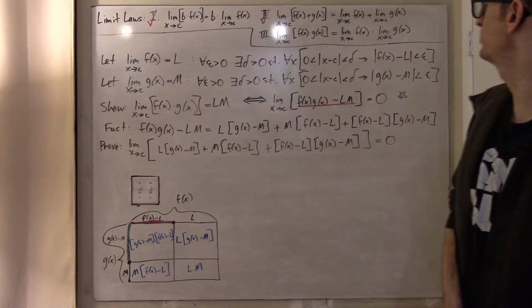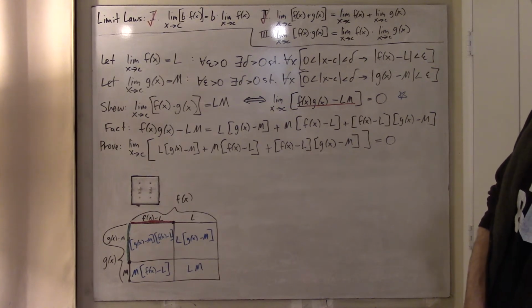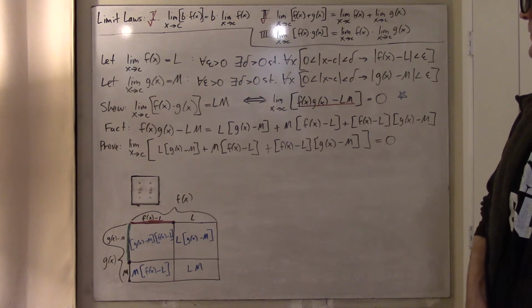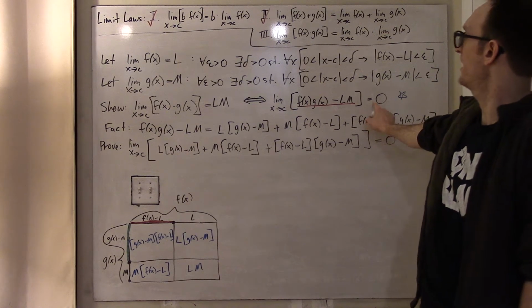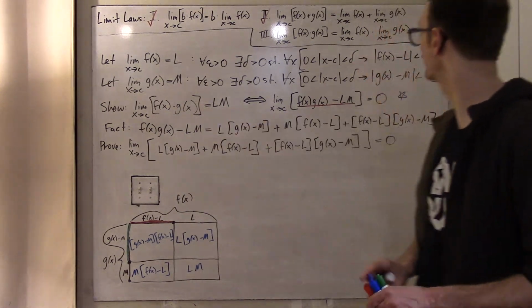If I can prove that this giant thing is 0, then I will be done, because that will have established this fact, which is equivalent to the thing I'm trying to prove.